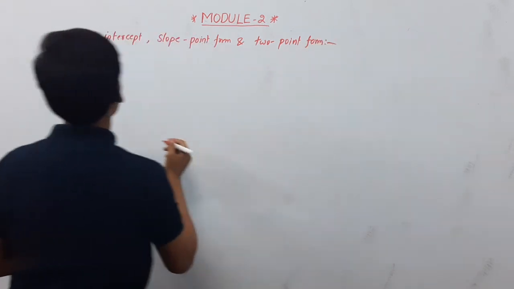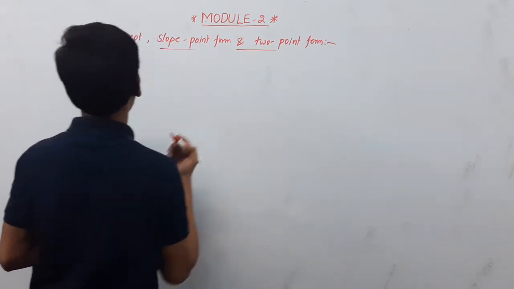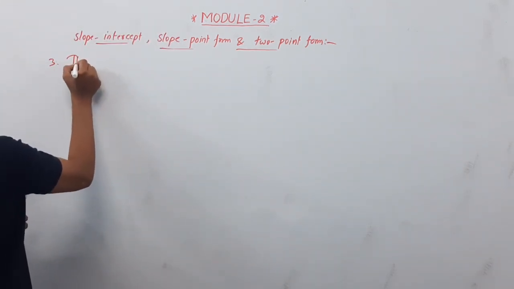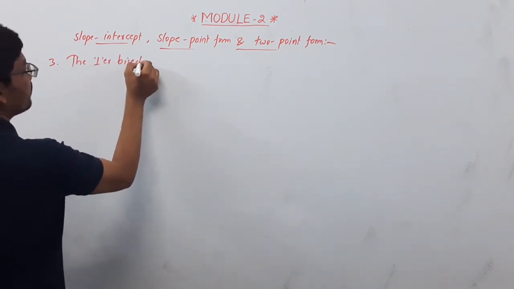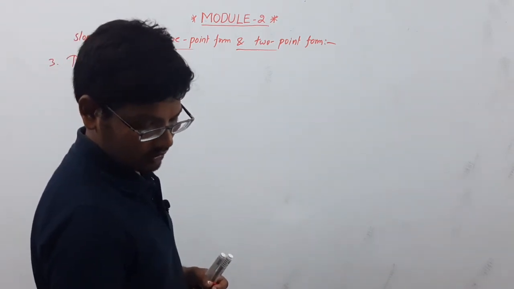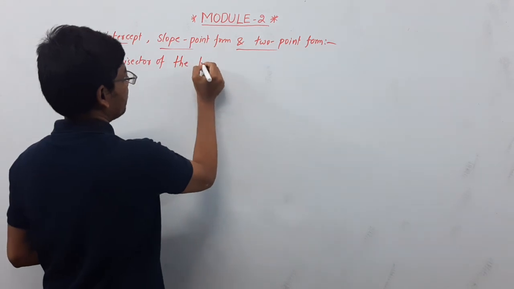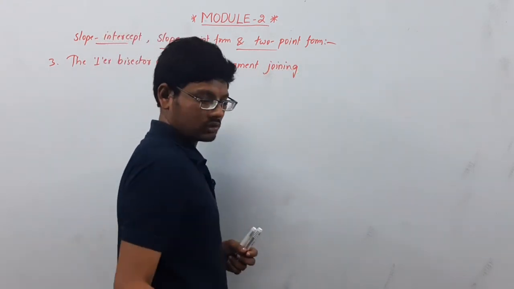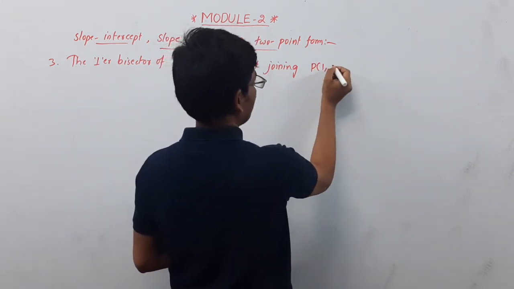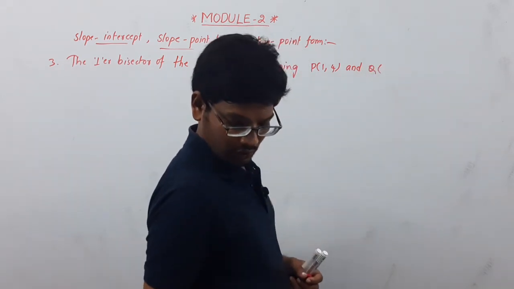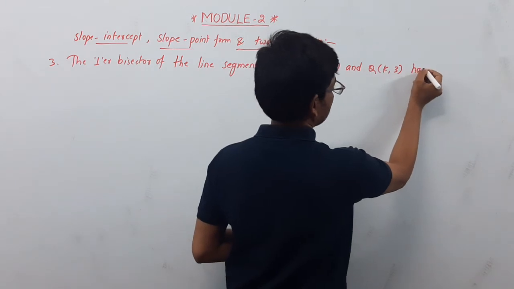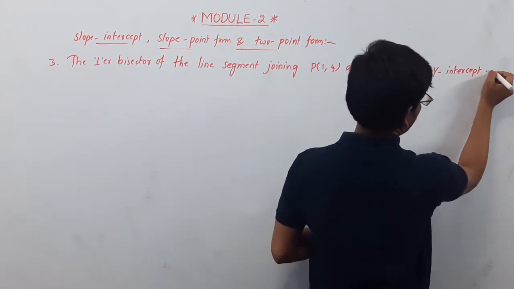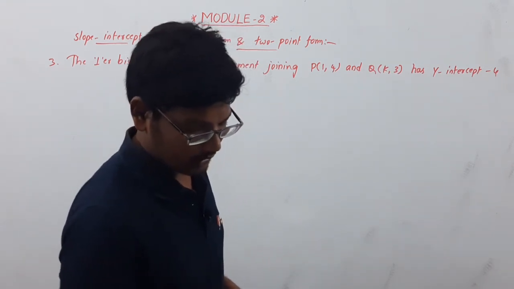This is the topic name from module 2, and in this topic, the third question is: the perpendicular bisector of the line segment joining the points P of 1, 4 and Q of k, 3 has y intercept equal to minus 4, and then a possible value of k is.